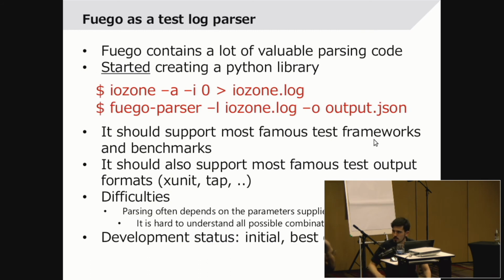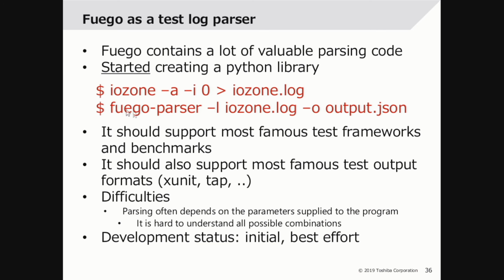I also started creating a Fuego test parser because I thought that Fuego contains a lot of valuable parsing code. It would work something like this: run iozone, create an iozone log, and then with this Fuego parser, we could parse it and create a JSON file in a standardized format. This standardized format is what Fuego is using, and it's very similar to what Squad and KernelCI are using.